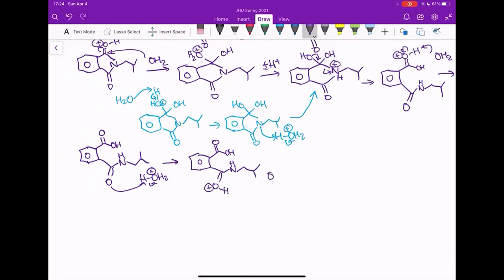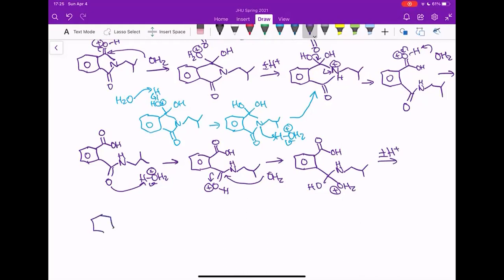From here, water will come in to attack again. And then the same proton transfer that is shown in blue, that same mechanism will happen once more. So I am not going to write it fully out because it's identical to what's above.